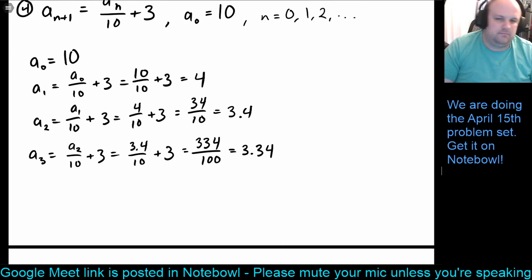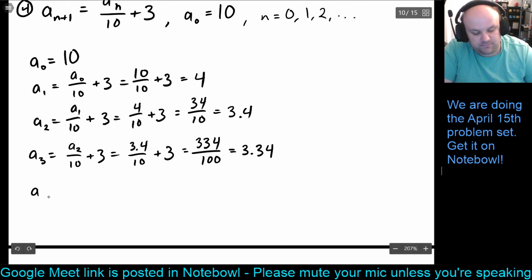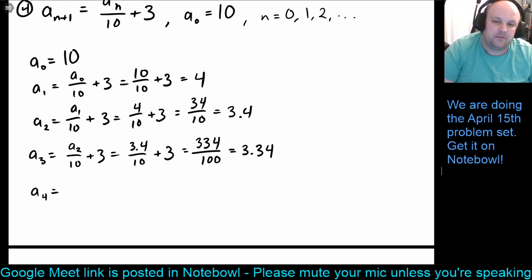So what do you think is going to go on here if we continue this pattern? What do you think is going to happen next? For example, maybe what would A4 be?